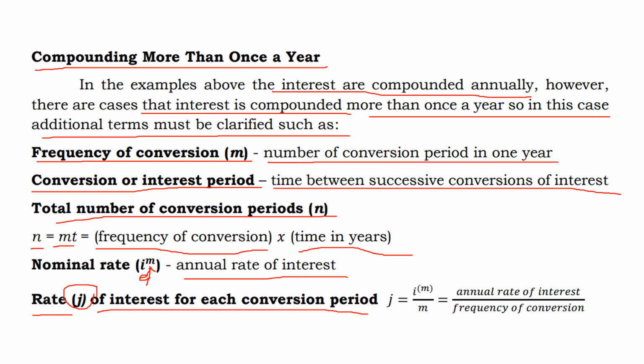When you're asked for the nominal rate, we only use i raised to m. But if we're looking for the rate of interest for each conversion period, it should be j. Your j now is equal to i raised to m, or the nominal rate, over your m, or the frequency of conversion.